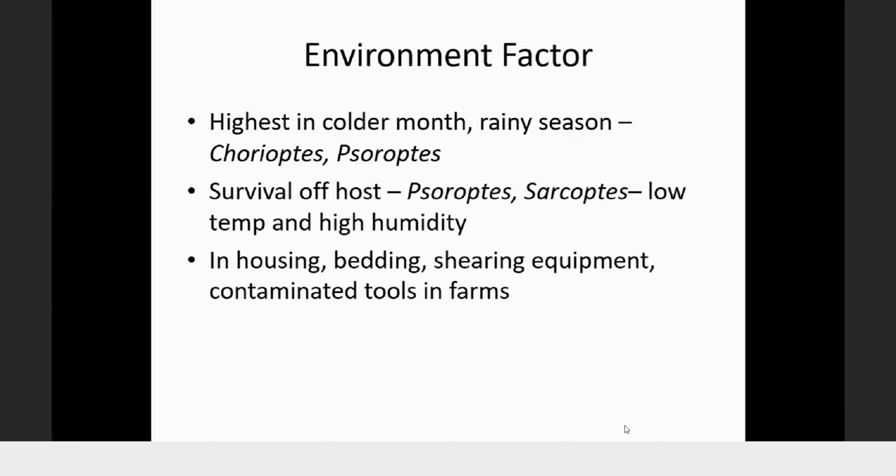And also in housing, when the temperature is warm, they can stay there for some time. And then management of the herd is really important as well. So overcrowding of the system can lead to severe problems like mite infestation.